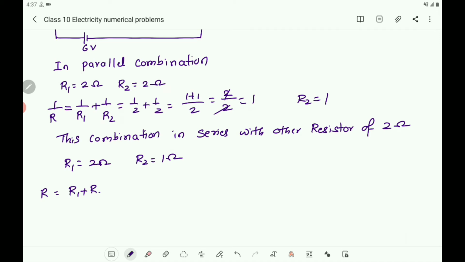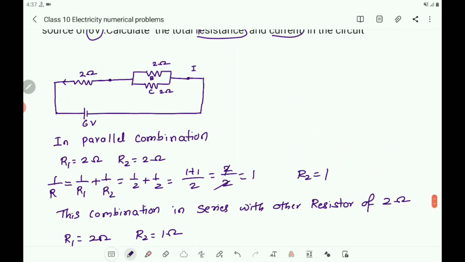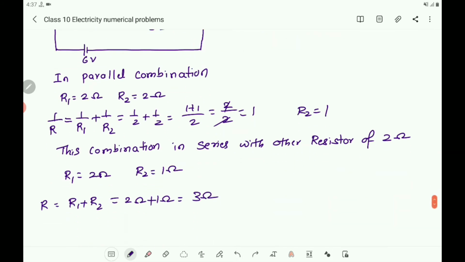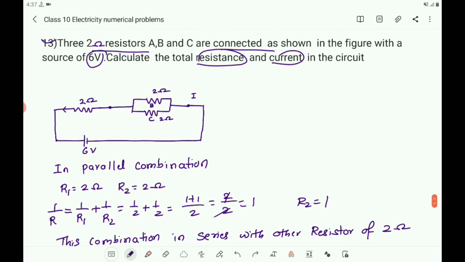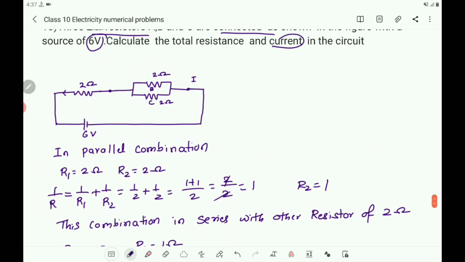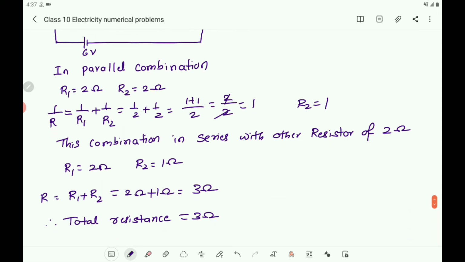R1 plus R2, that is 2 ohm plus 1 ohm, that equals 3 ohm. So here this is 1 ohm plus 2 ohm, you will get the total resistance 3 ohm. So the total resistance is 3 ohm. Therefore, total resistance equals 3 ohm.